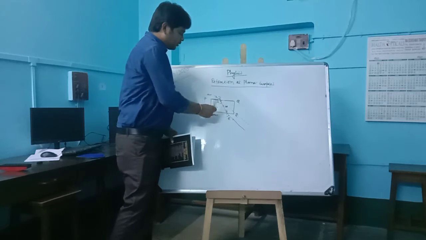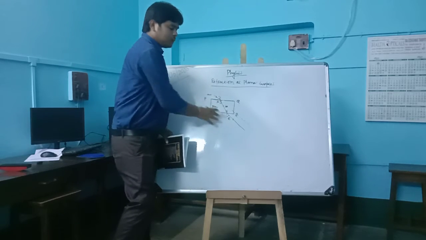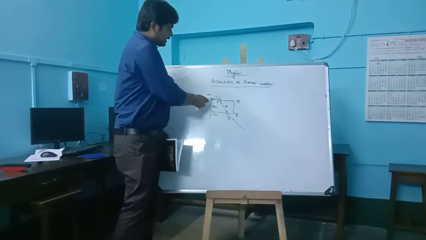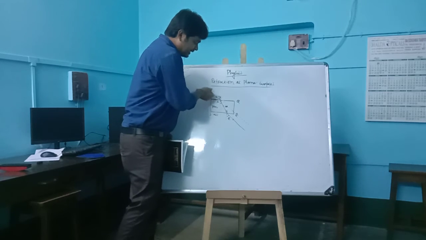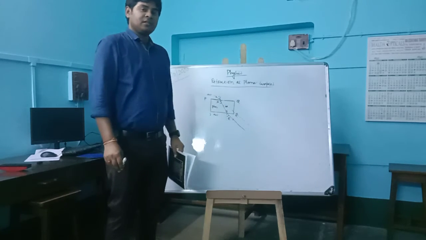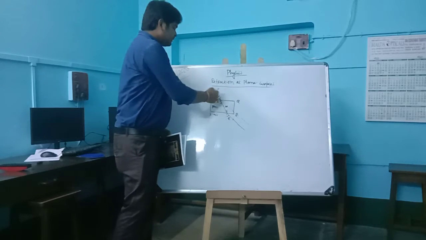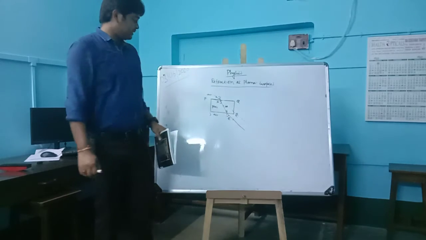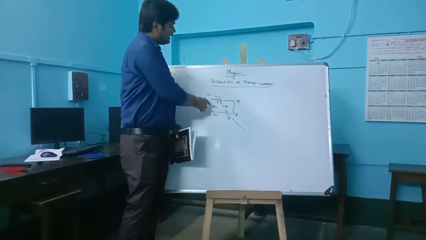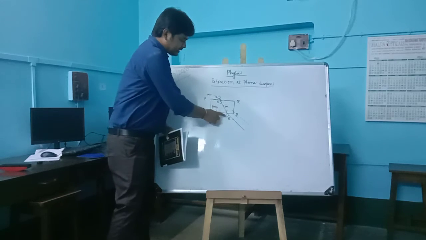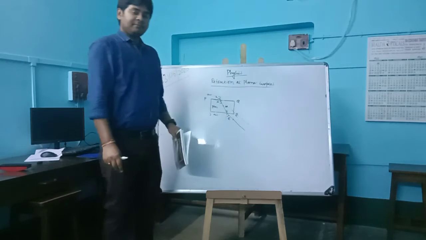What is going on here? If there is no rectangular glass slab, then the light will pass directly in this direction. But as the rectangular slab is in front of the light, the ray comes out in this direction after refraction.